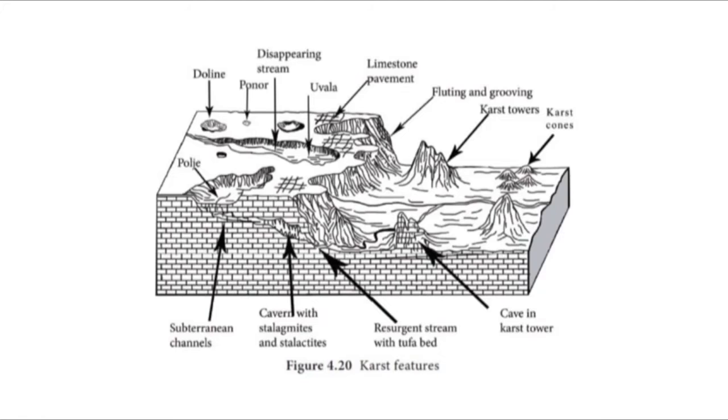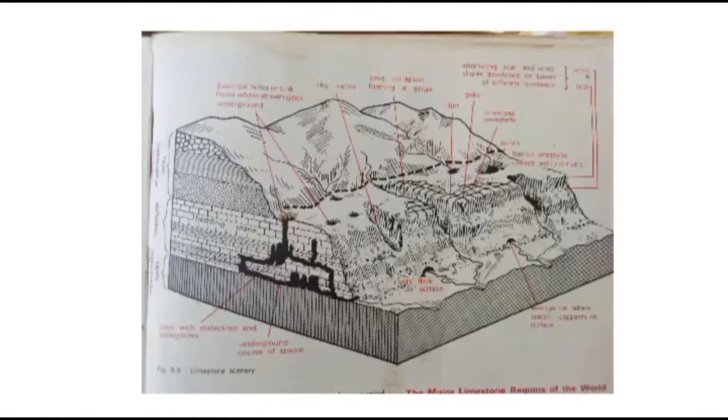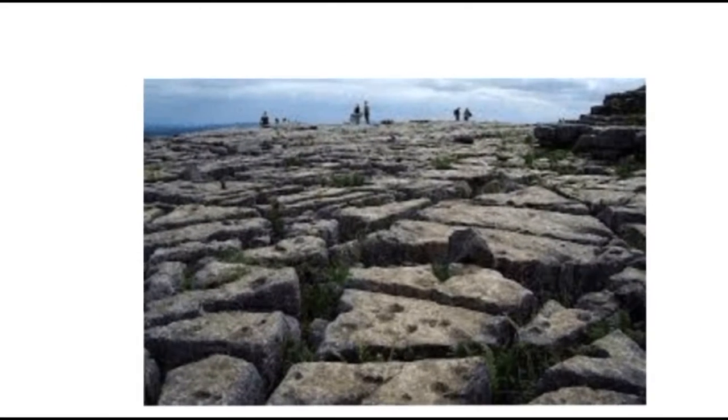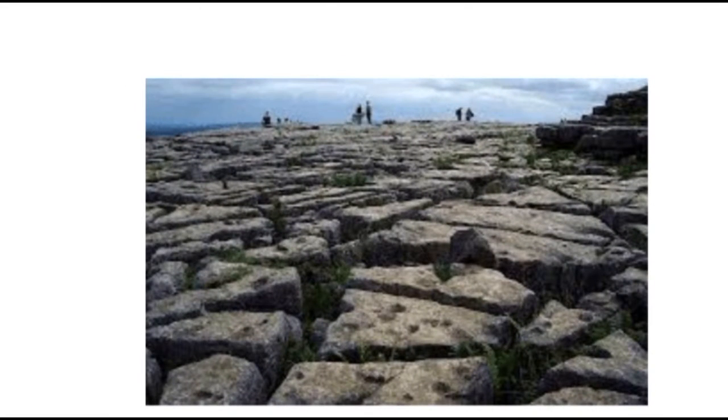Let's now look at characteristics of the surface of the karst topography. The karst topography is very bleak in nature. That means it is barren due to absence of surface water. Also, it has little or no vegetation, as plants will not survive for long when water at the base is not there and percolates underground.